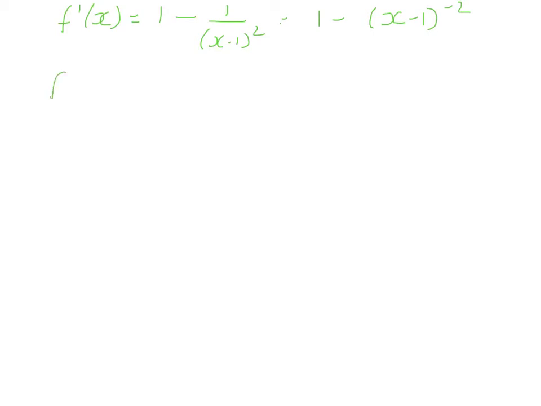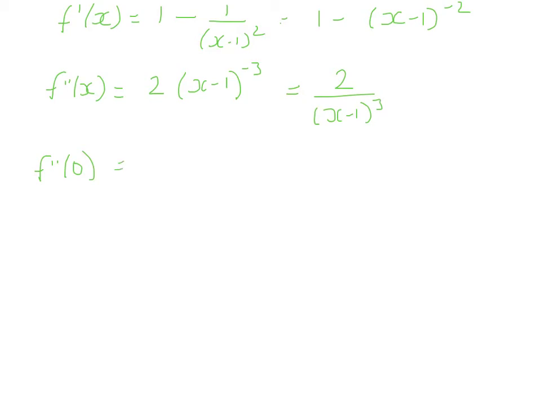So if we differentiate that, we get positive 2 x minus 1 to the power of negative 3 times 1, which is the same as 2 over x minus 1 all cubed. Now to check the nature, we're going to just substitute in the values for our stationary points. Our first stationary point has the x value of 0.